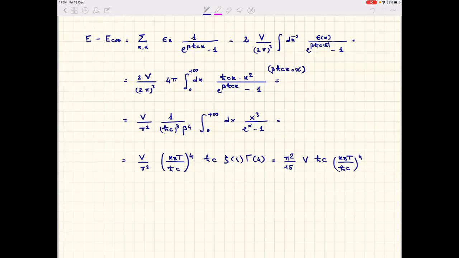Why? Because it was known that you could see the electromagnetic waves as a bunch of harmonic oscillators, even classically. And what was also known was that there is something called the Equipartition Theorem, right?